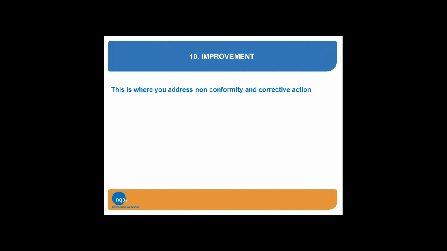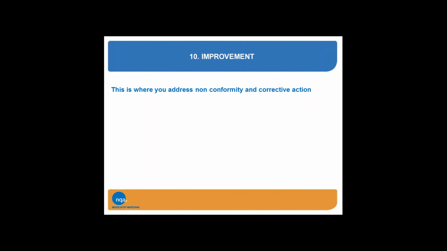And moving to the last auditable clause, this is the improvement clause, and this is where you address non-conformity and corrective action. Now, if you cast your mind back to clause 8, there is a requirement to control non-conformity. In clause 8, it's about containing the immediate problem and what you're going to do about it.